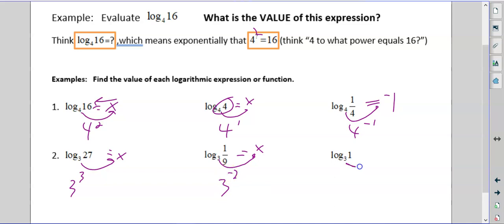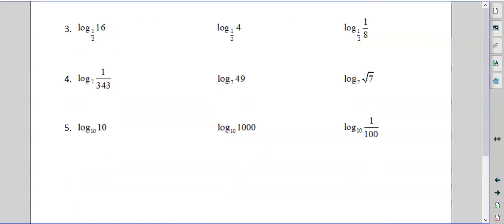And this one's a little tricky. 3 to what power is 1? Anything to the 0 power is 1. So 3 to the 0 is 1. Now again, forget about the fraction. Just think about the 2. 2 to what power is 16? That would be 4.